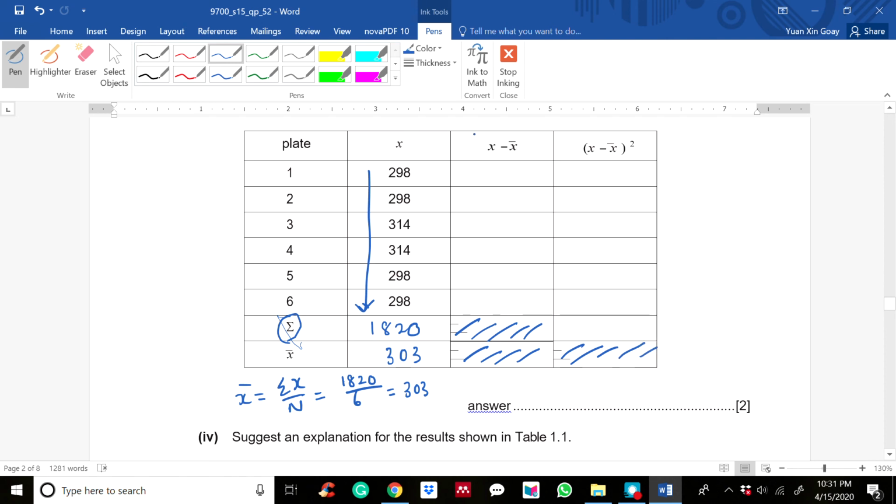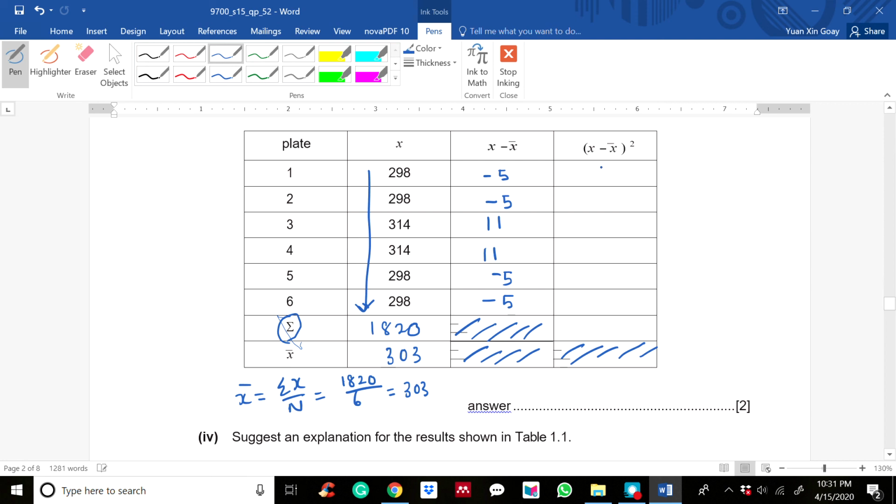Next one, x minus mean. So you use this 298 minus mean value 303. You will get negative 5. This is just the same, so you will get negative 5, same value. And for 314, you will take 314 minus 303. You will get 11. This is the same value.